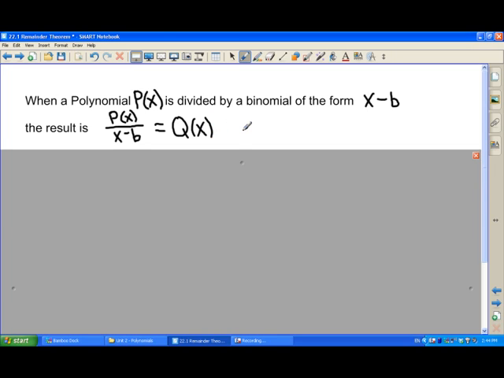So the result is q of x plus r divided by x minus b.